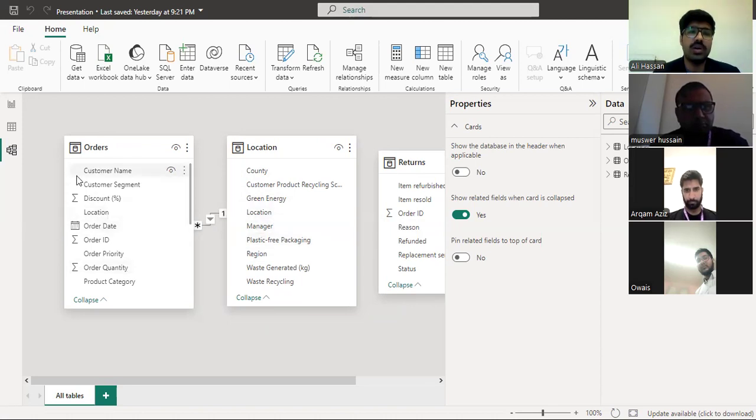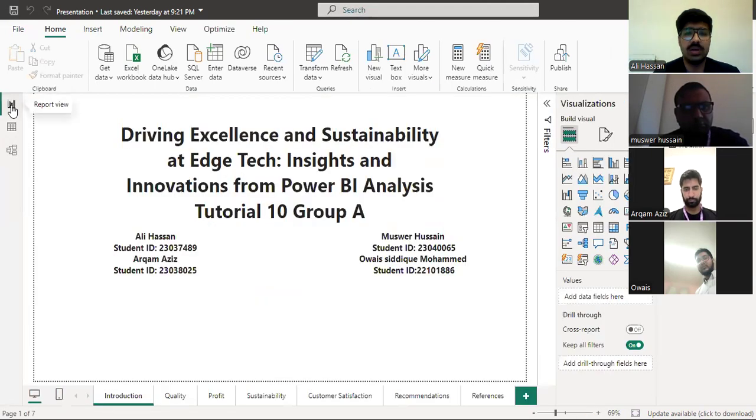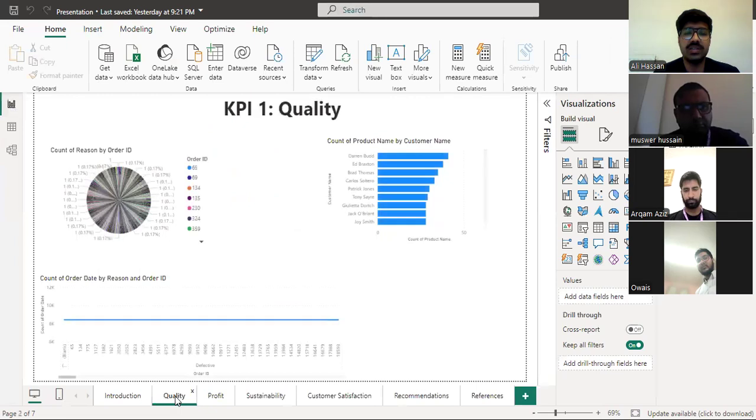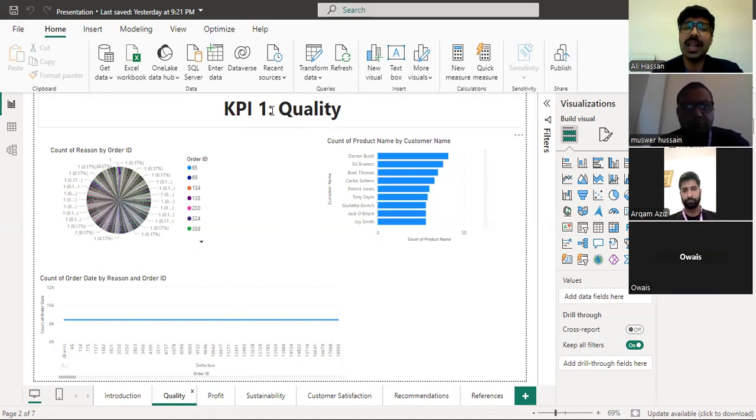And if we go toward our Power BI dashboard, these are the KPIs. The first one is the quality KPI. Basically, quality KPI analysis allows us to measure and improve the quality of Edge Tech services and goods.